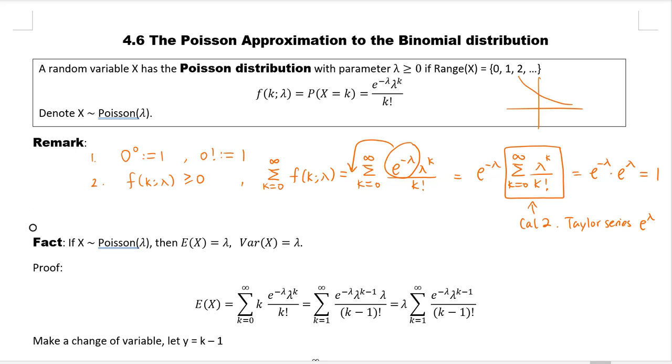So we can see when we add up all the probabilities, we get 1. So this is in fact a Pmf, probability mass function, and we call x with this probability mass function as having the Poisson distribution. Okay? And so this is the formula for the Pmf.